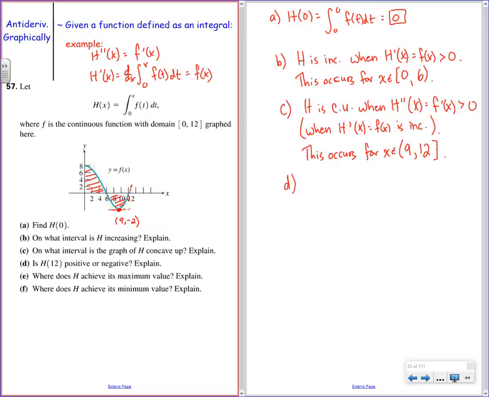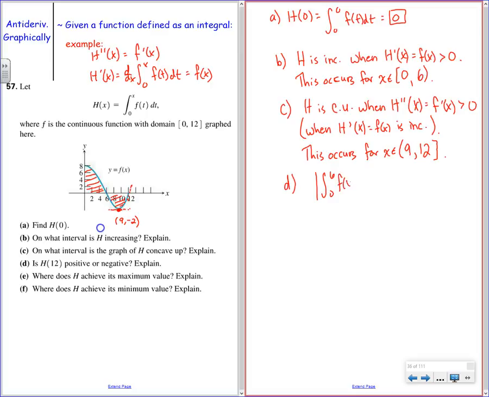Okay, so we could say the absolute value of the integral from 0 to 6 of f of x dx is greater than the absolute value of the integral from 6 to 12 of f of x dx. Isn't that what you're saying?